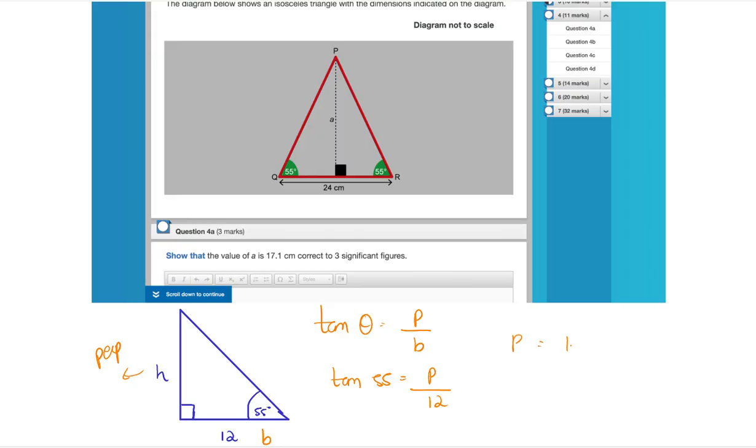So perpendicular equals 12 multiplied by tan of 55. Solve it. What answer do we get? It equals 17.137. Correct to three significant figures, that becomes 17.1. I hope that's clear.